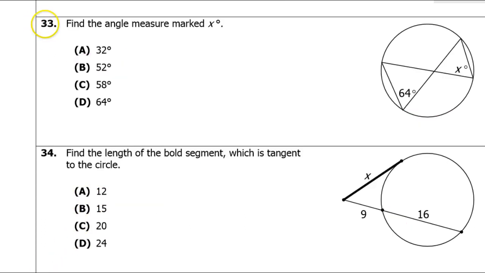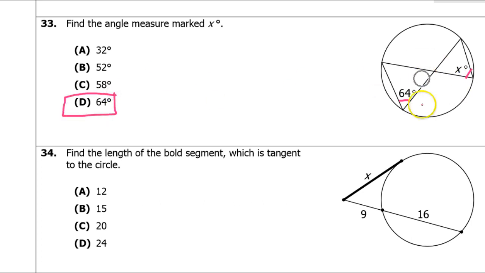Now for number 33, I've memorized that when you have like a bow tie situation, like inscribed in a circle, then angles that are like this, which are on the same side, they're always going to be congruent. So I know that this is going to be 64.